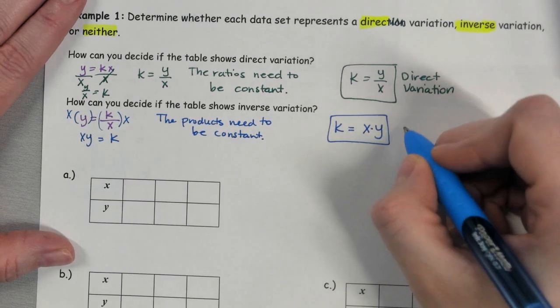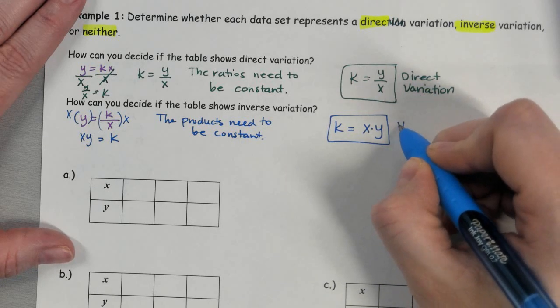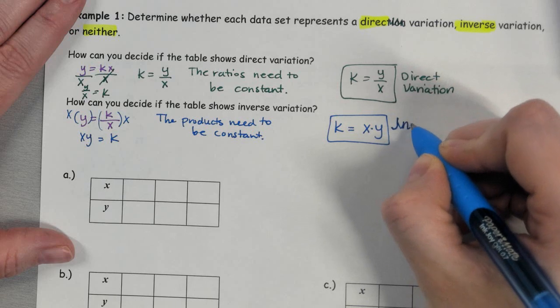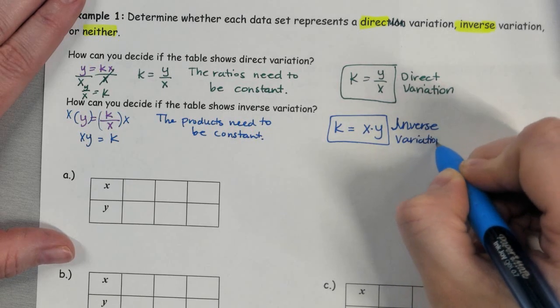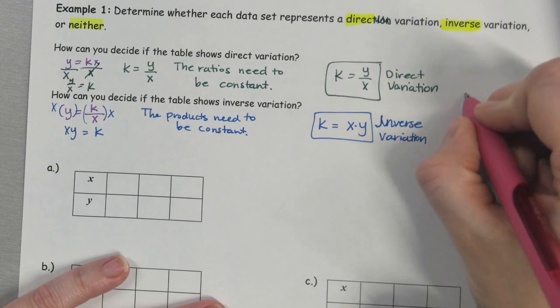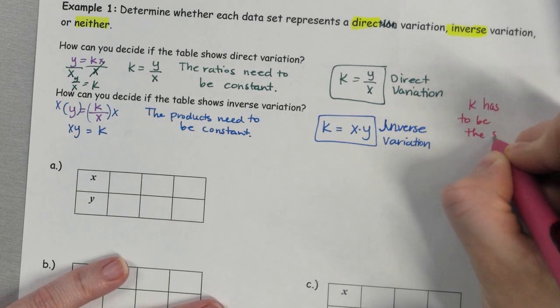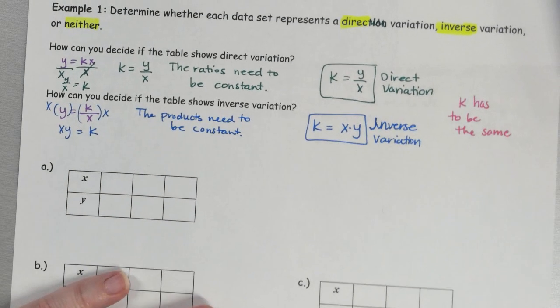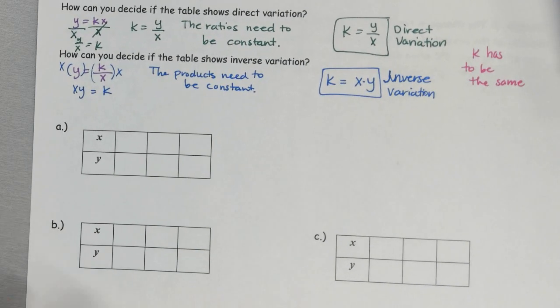If those are constant, then you have inverse variation. So in both cases, the k has to be the same. And this is the part that's going to look similar to what we've done in the past with tables.